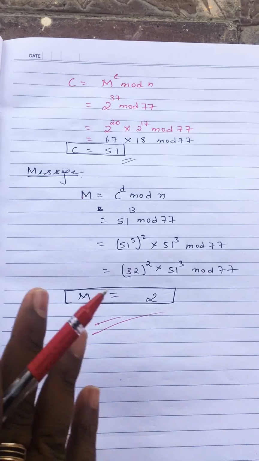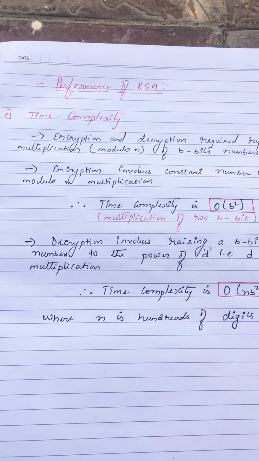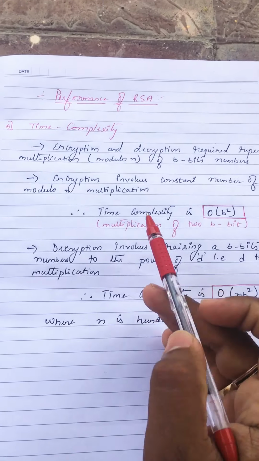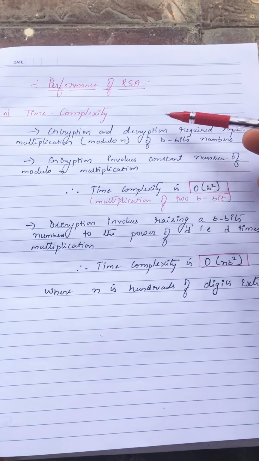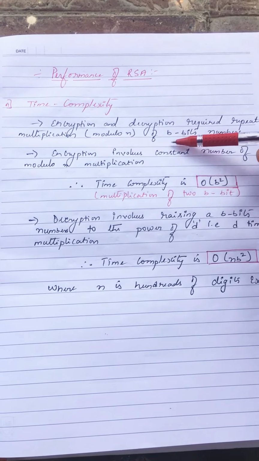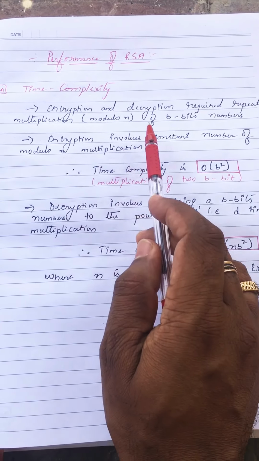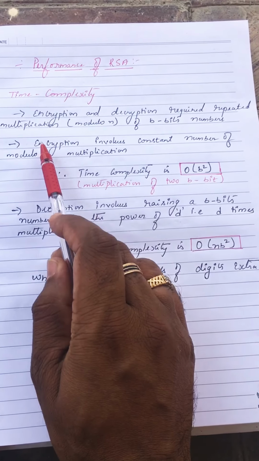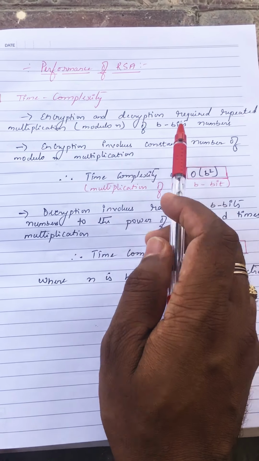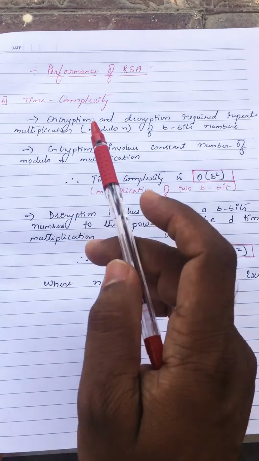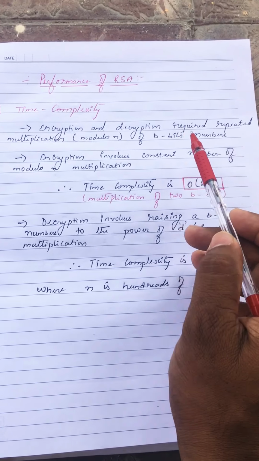Now we are going to see the performance of RSA. Here we calculate the time complexity for encryption as well as for decryption. Encryption and decryption require repeated multiplication modulo n of b-bit numbers. As we have seen in the previous example, we repeat the multiplications.